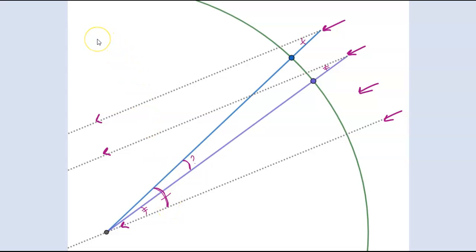So we could say that the measure of the single tick mark minus the double tick mark is going to equal the angle we're looking for, our central angle between these two cities. So that proves that the difference between these two angles will be equivalent to this central angle right here.